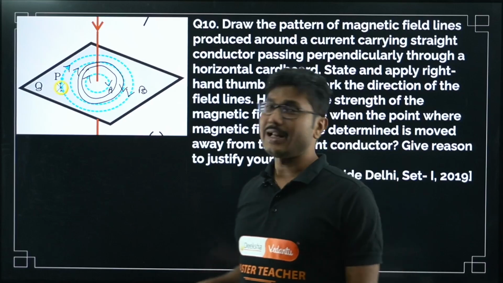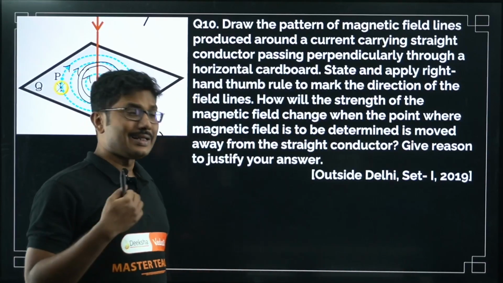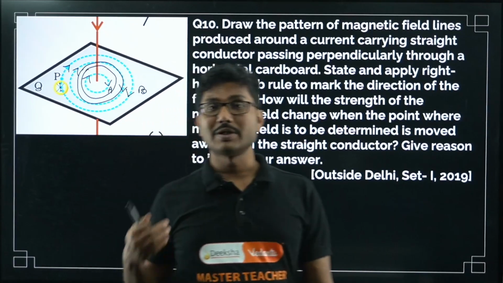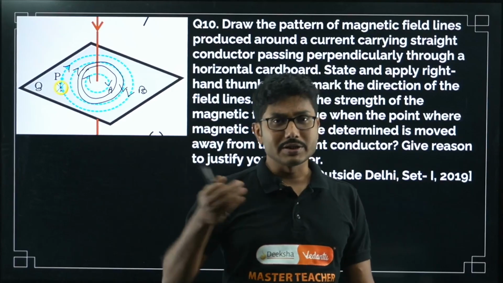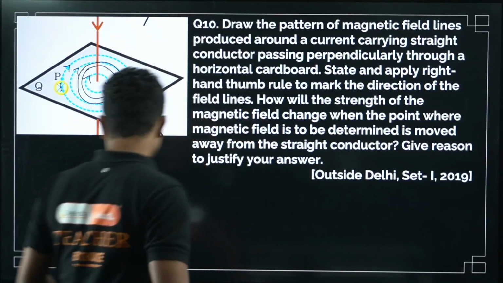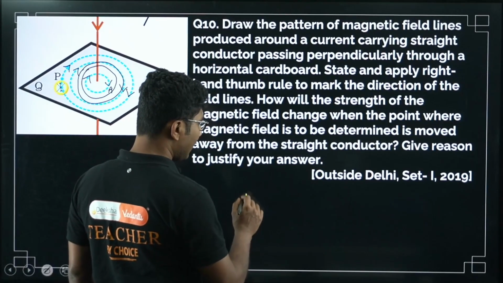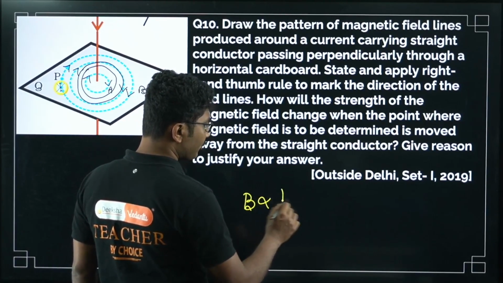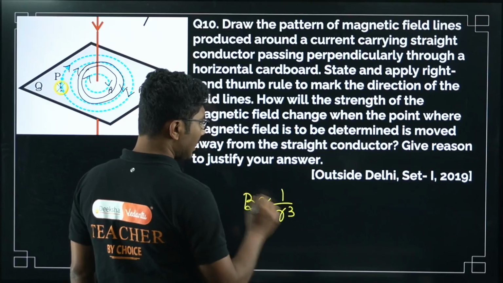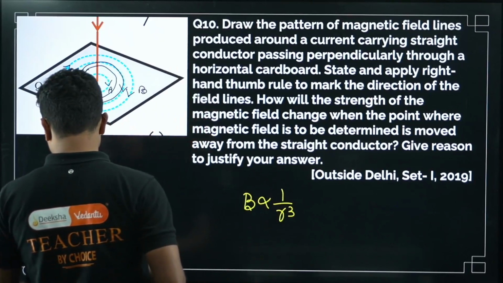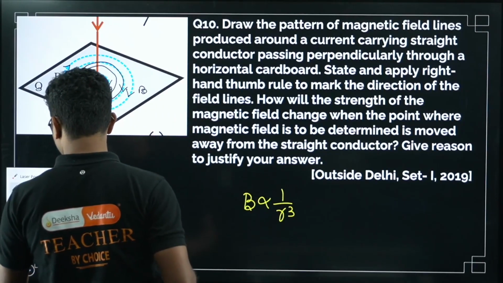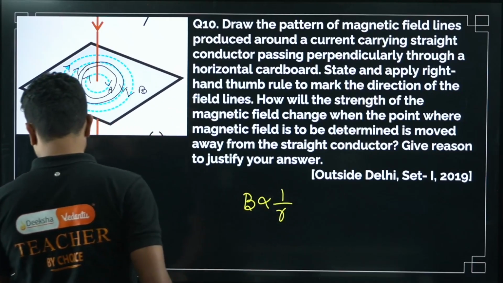What you have to say is that the magnetic field is inversely proportional to the square of the distance. This is slightly high level stuff. So as you move away from the wire, the magnetic field strength decreases.